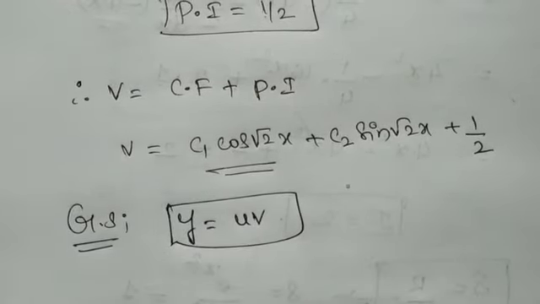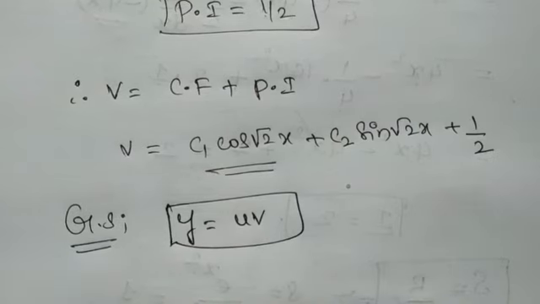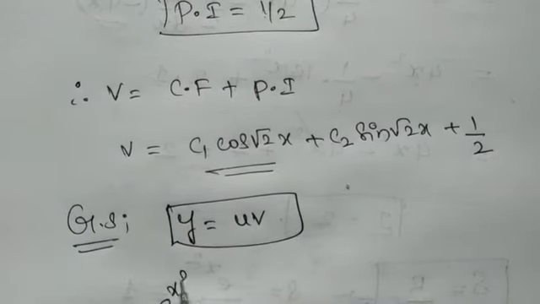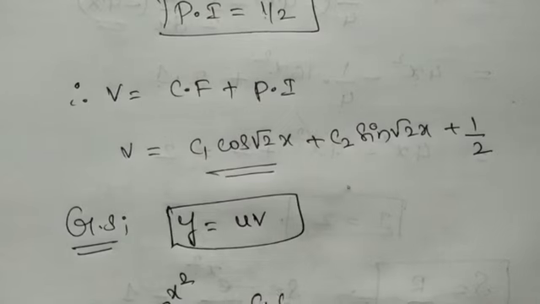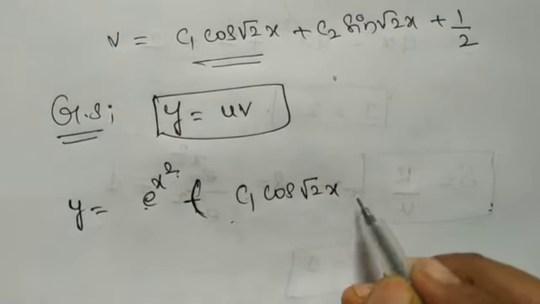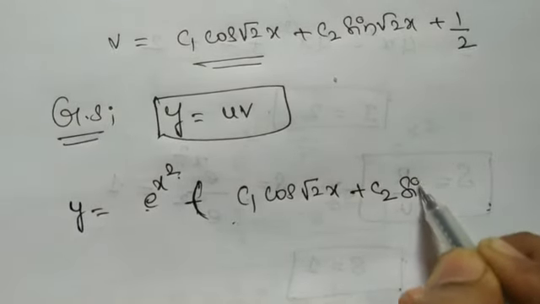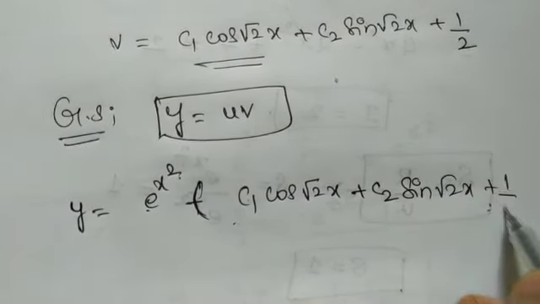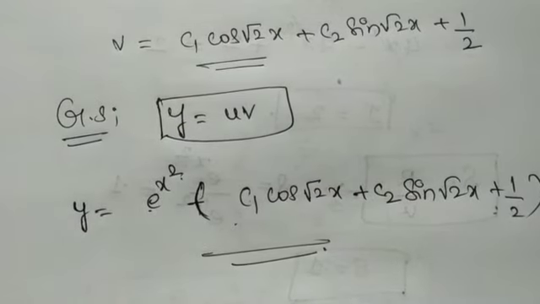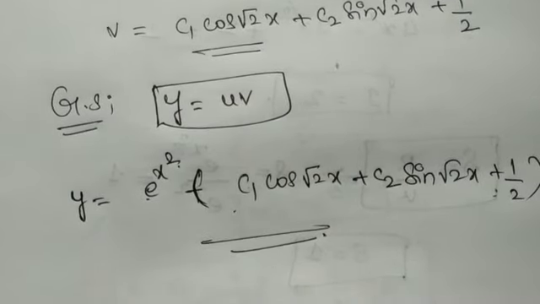So y equals e power x square into c1 cos root 2x plus c2 sin root 2x plus 1 by 2. So this is our required general solution of the given problem.